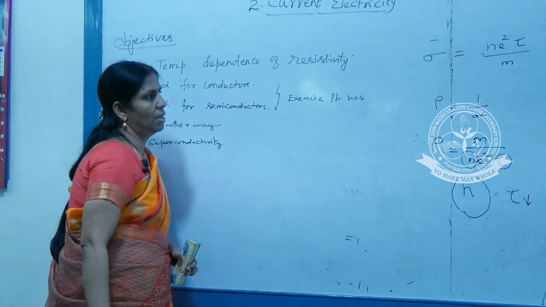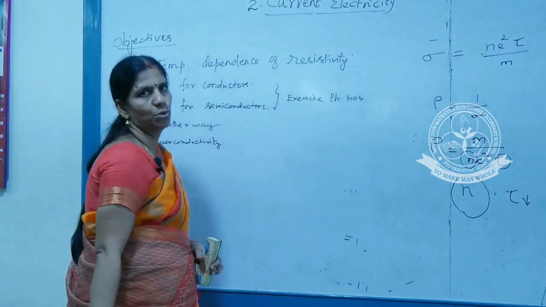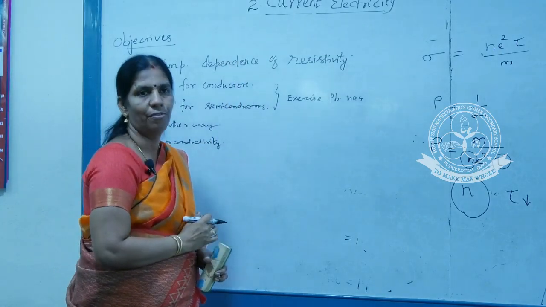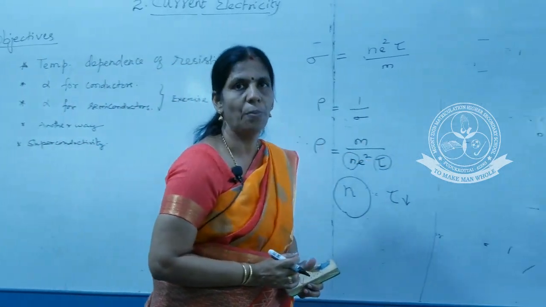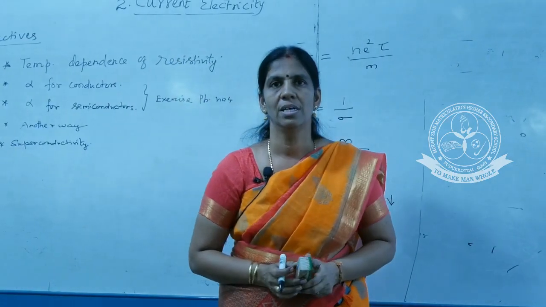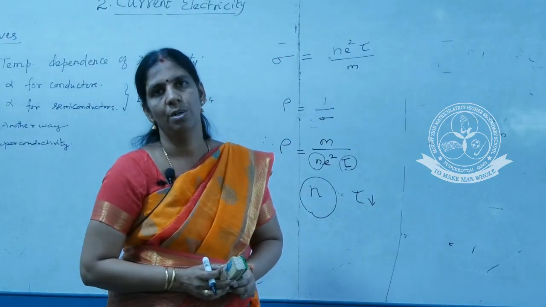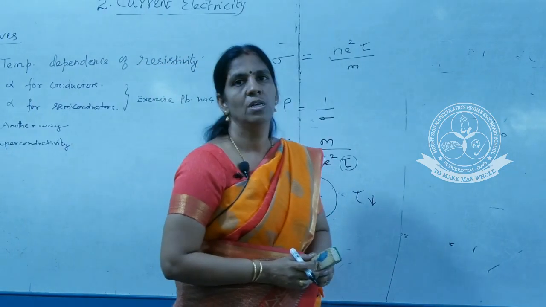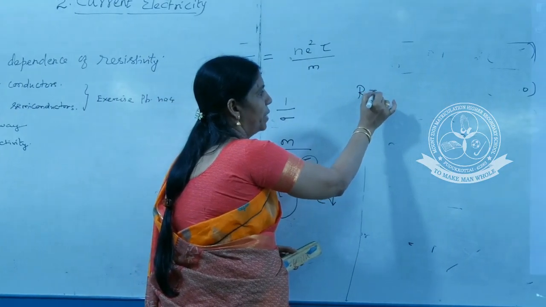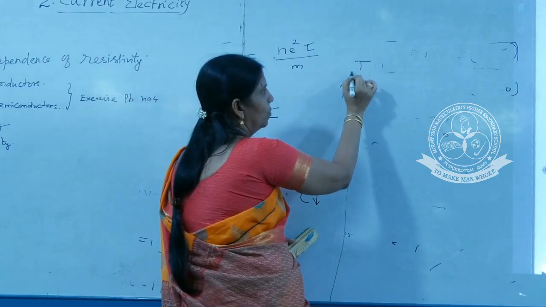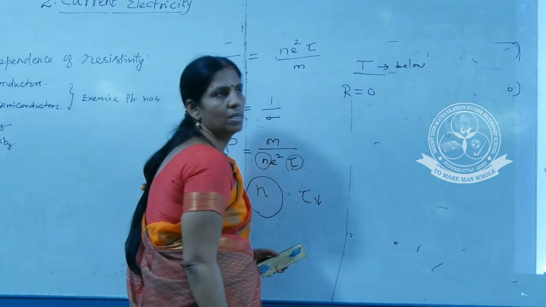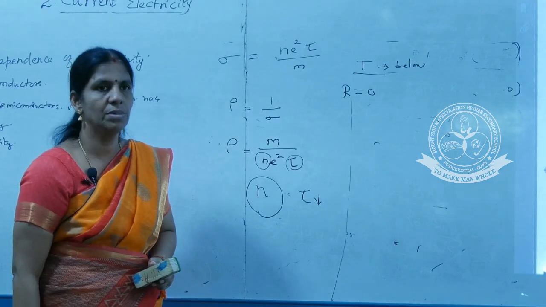So what's the practical use of learning this topic? It's a wonderful fact that superconductivity, hope you all heard about maglev trains in Japan, which is based on the principle of superconductivity. Superconductivity is when temperature becomes very low, and the resistance of certain materials becomes zero.